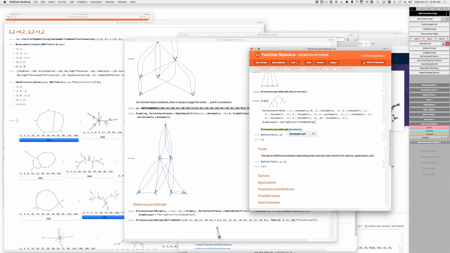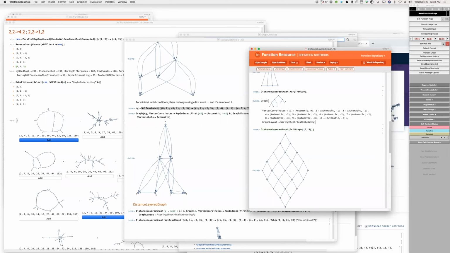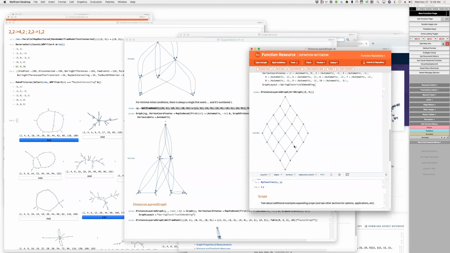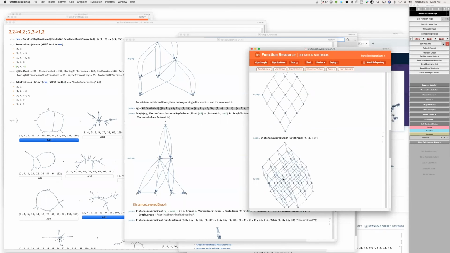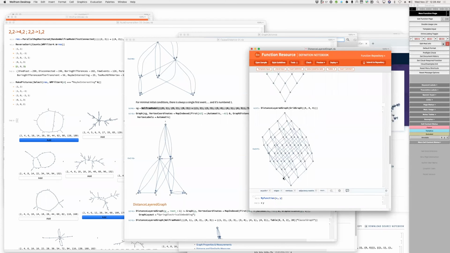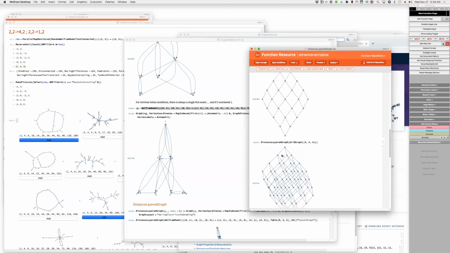Well, let's do just path graph. What's the path graph? Path graph of range. Well, okay, that's more complicated, but sure. Cool. That works. That's exactly what we'd expect.